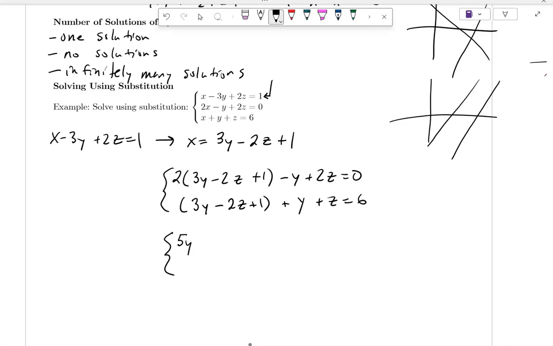If I distribute, because I got to take this times the 3y, that times the 2z. I also have to do it times the 1. Negative 4 plus 2 gives me minus 2z. When I take 2 times 1, I'm going to move it to the other side and write it as equal to negative 2 to make it more in that standard form.